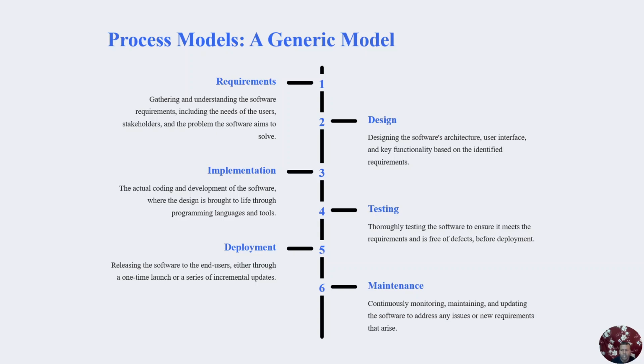Implementation. The actual coding and development of the software, where the design is brought to life through programming languages and tools. Testing. Thoroughly testing the software to ensure that it meets its requirements and is free of defects before deployment.